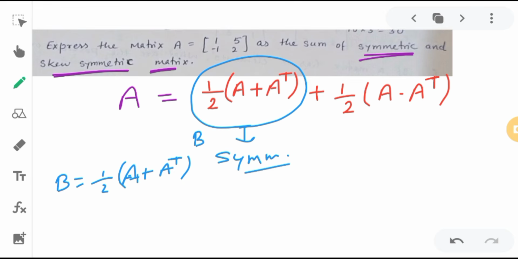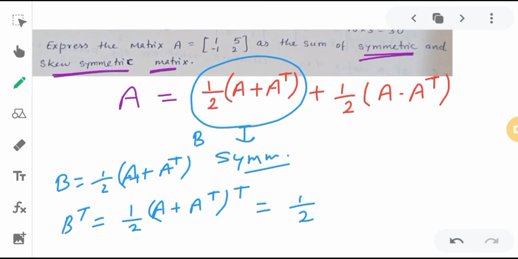Then I will find B transpose. If B transpose is equal to B, then I can say this is symmetric. So B transpose means half of A plus A transpose, whole transpose. Half is a constant, so I take it outside. Then there is the algebra of transpose: if (A plus B) transpose, then A transpose plus B transpose, a simple algebra rule.